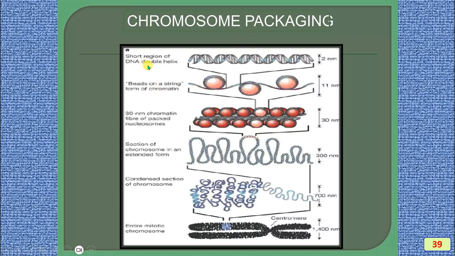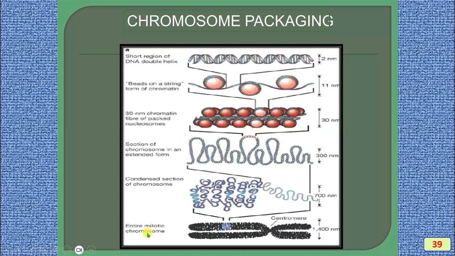So the short region of the DNA double helix structure or Watson-Crick model, you can see this one, number one, whereas the beads on a string form of the chromatin is shown here, and the 30 nanometer chromatin fiber is packed nucleosomes. Then a section of the chromosome in extended pattern.